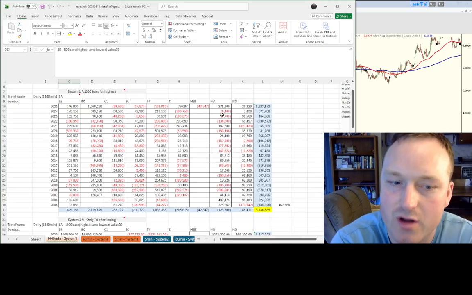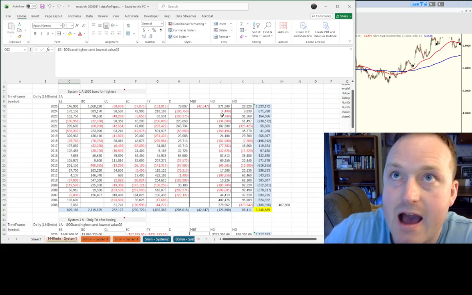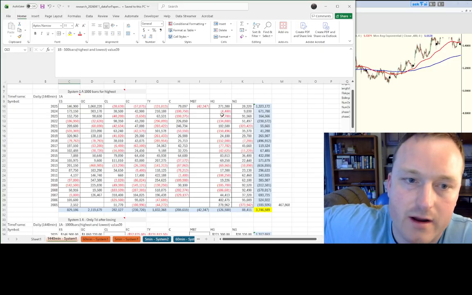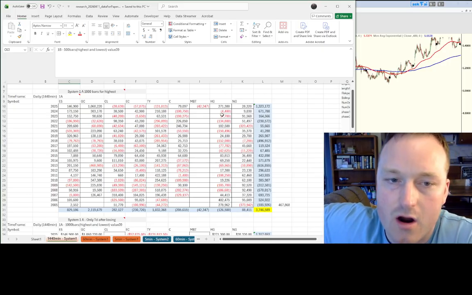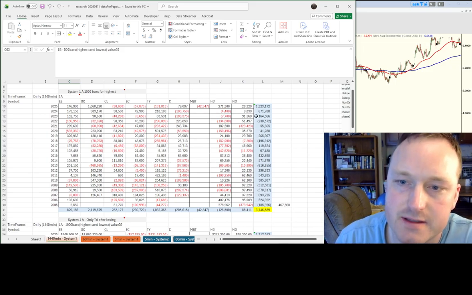Because I'm testing the past 20 years, 2005 to 2025, I need to make the risk high enough so that the current present day values are not weighted heavier than 2005. We want all equal. So that's why you see these big numbers.